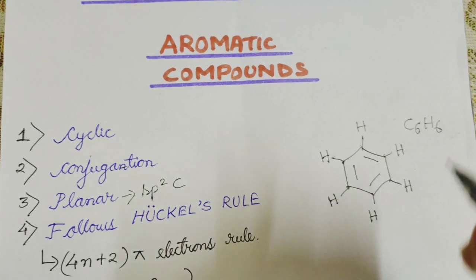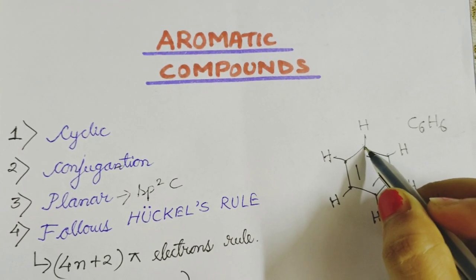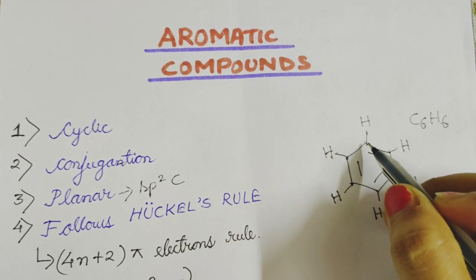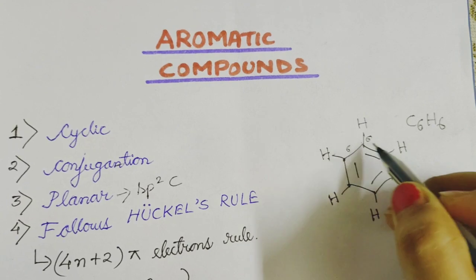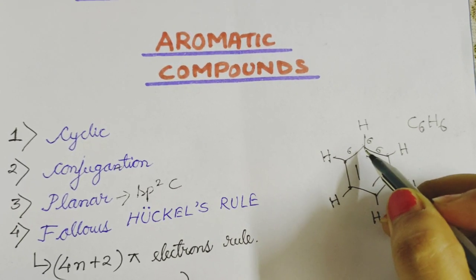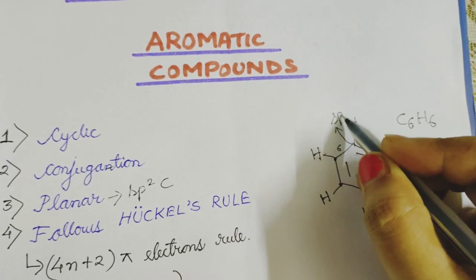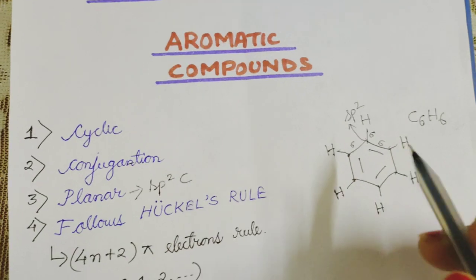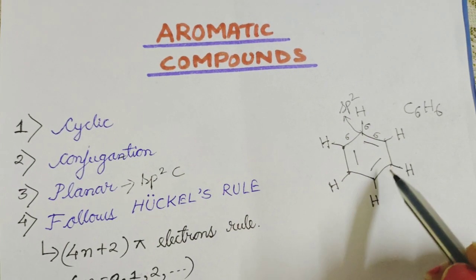So see, here the carbon is having 4 bonds, among which these 3 are sigma bonds and this is a pi bond. So 3 sigma bonds, so this carbon is what? sp2 hybridized. Similarly, this carbon is also sp2 hybridized.